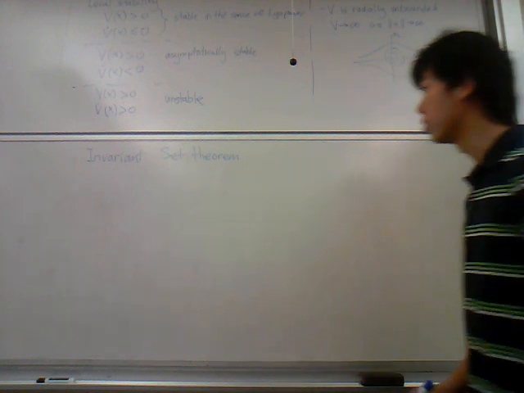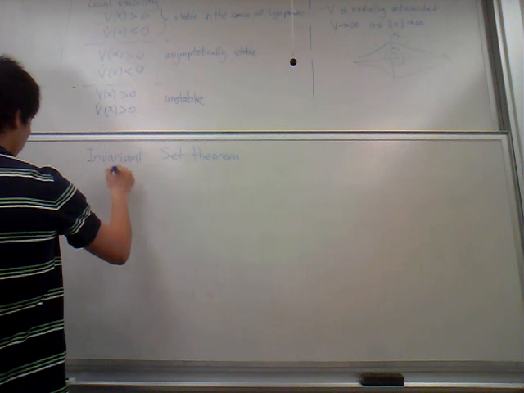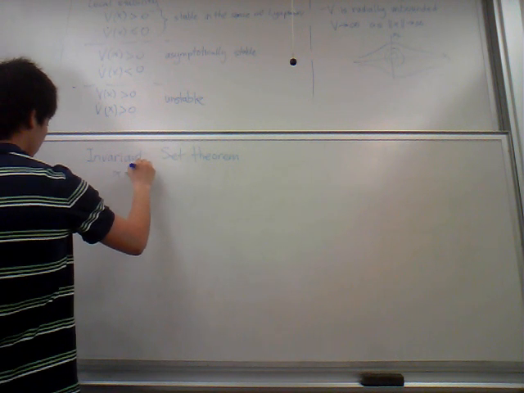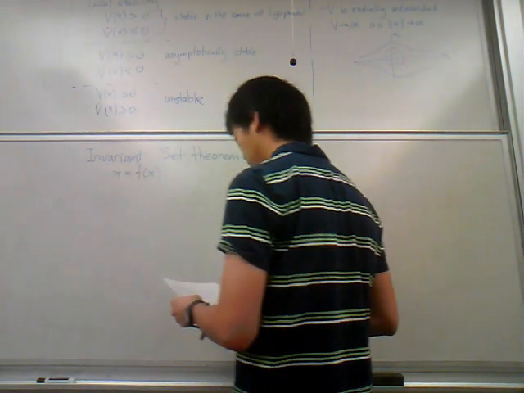So the local invariant set theorem says, say we have our system of the form x dot is f of x.